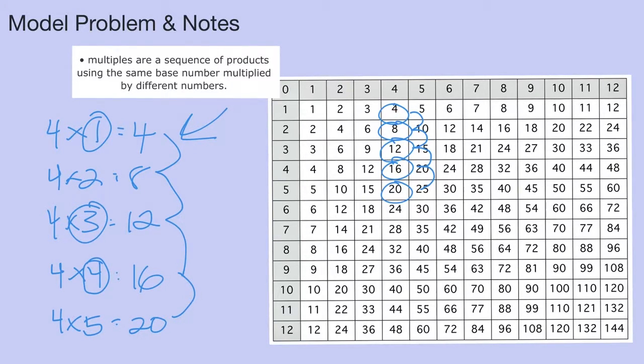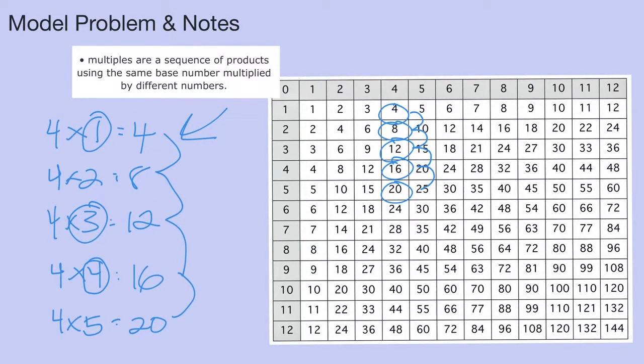And if you look back at the definition I started with, multiples are a sequence of products. These are products because they're the answer to a multiplication problem. All the products in a fact table will be right in here. That sequence of products uses the same base number, and my base number is 4. And that base number is multiplied by different numbers.